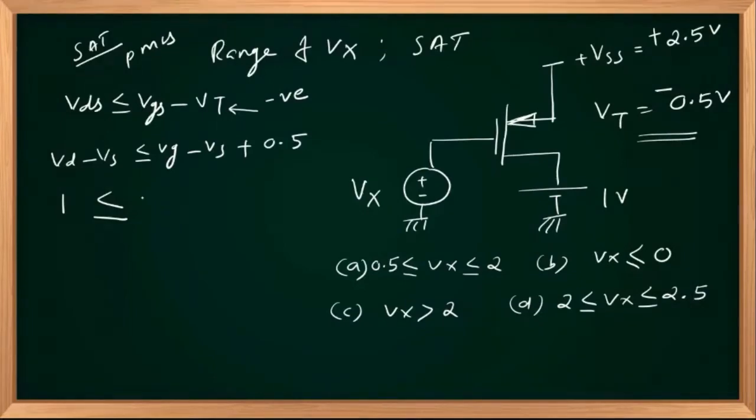VG is nothing but Vx. VS can be cancelled from both sides. So Vx should be greater than or equal to 0.5 for saturation.